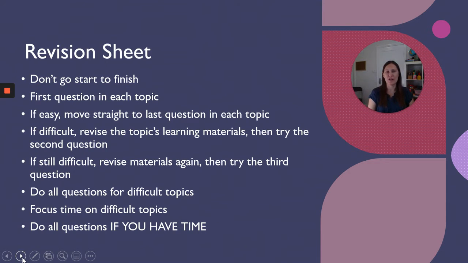So I suggest that you take the first question in each topic first. If you come to a topic and the first question is easy, that's a really good sign that you still remember how to solve problems in that topic. However, we do know that we'll often get an easy question in a topic and then a slightly more challenging one and then a very challenging question.